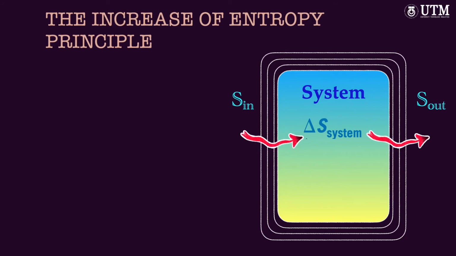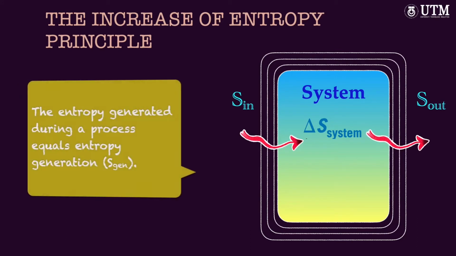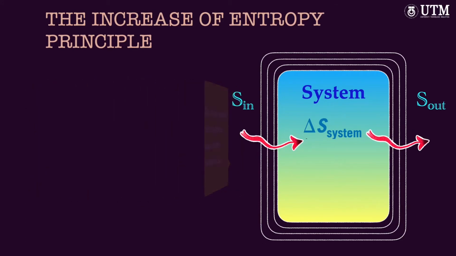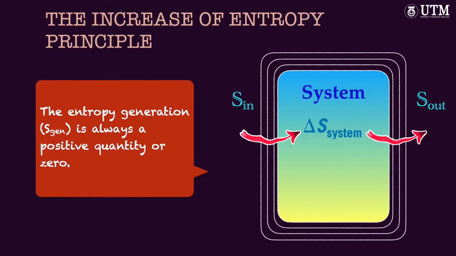The entropy generated during a process is called entropy generation. The entropy generation is always a positive quantity, or zero. Its value depends on the process, and thus it is not a property of the system.